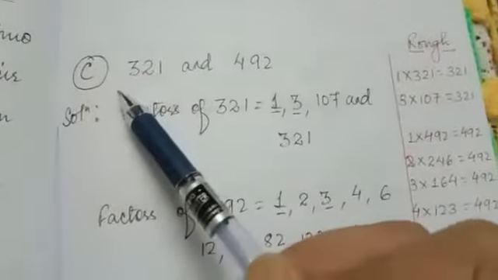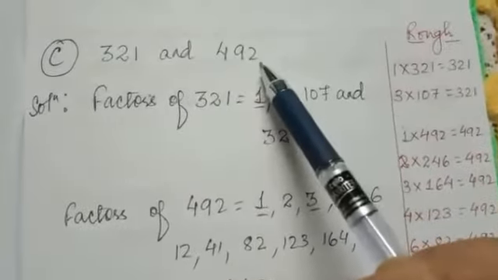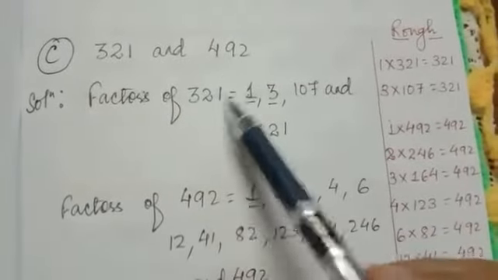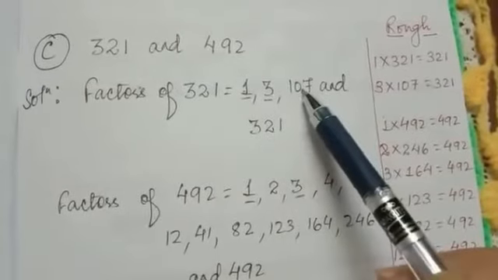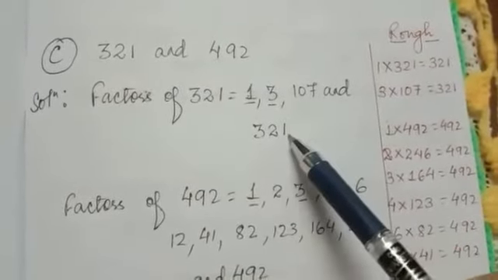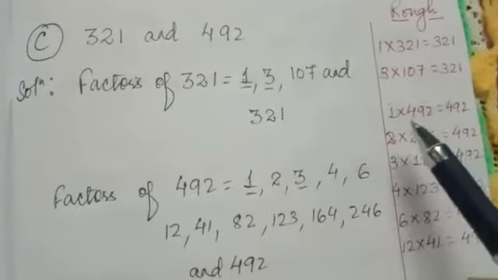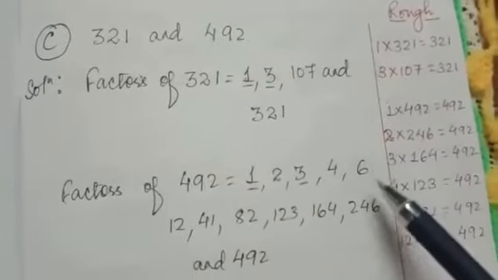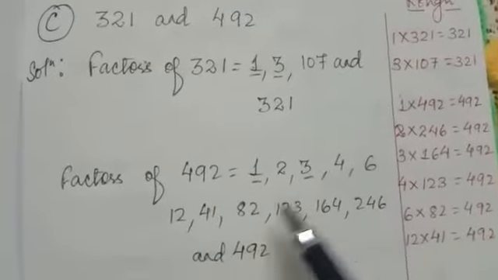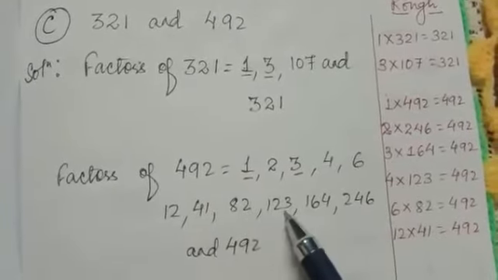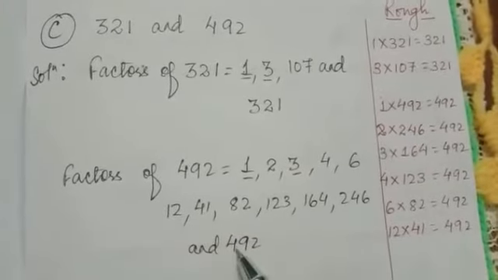Next is question number C. 321 and 492. First find the factors of 321. The factors are 1, 3, 107 and 321. Then 492. Here are the factors: 1, 2, 3, 4, 6, 12, 41, 82, 123, 164, 246 and 492.